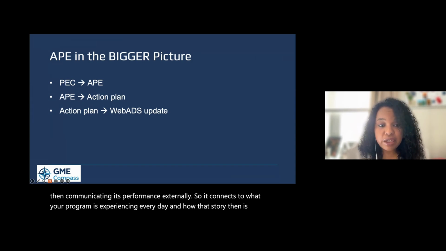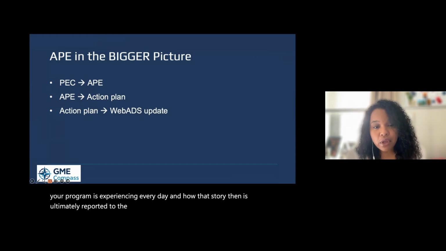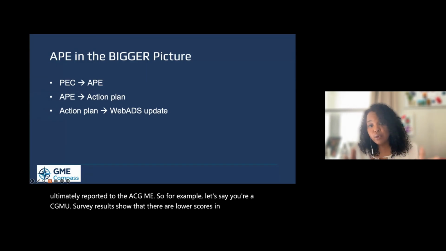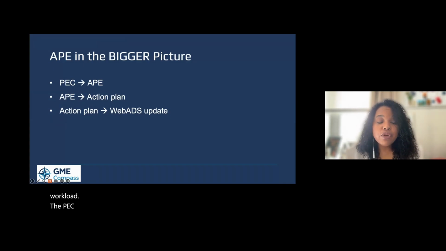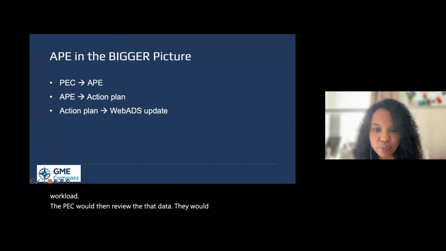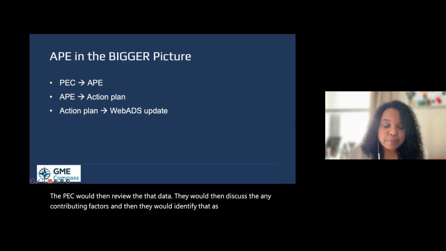to the ACGME. So for example, let's say your ACGME survey results show that there are lower scores in areas like feedback and workload. The PEC would then review that data. They would then discuss any contributing factors, and then they would identify that as an area for improvement.